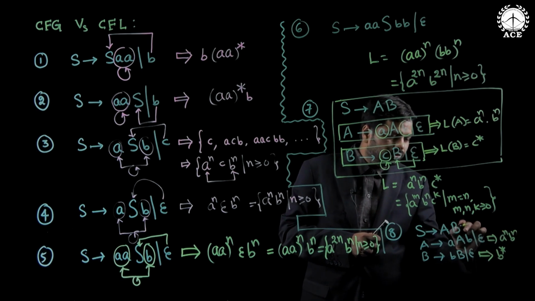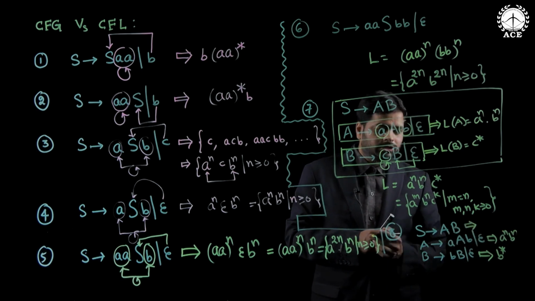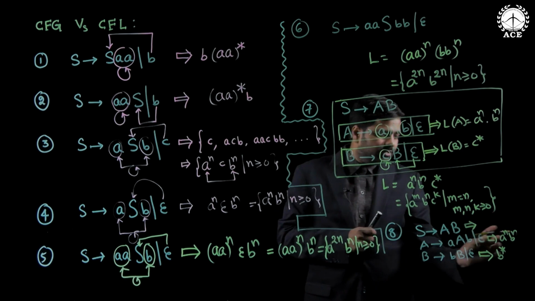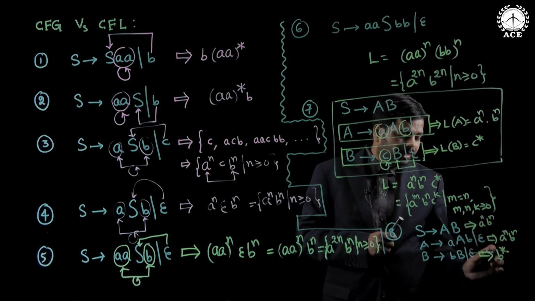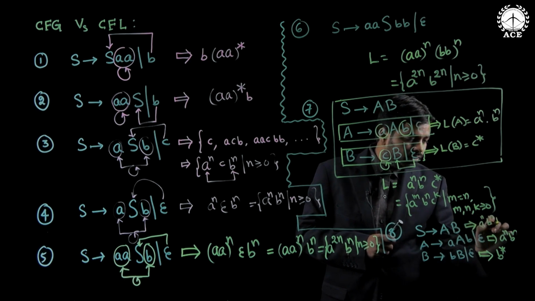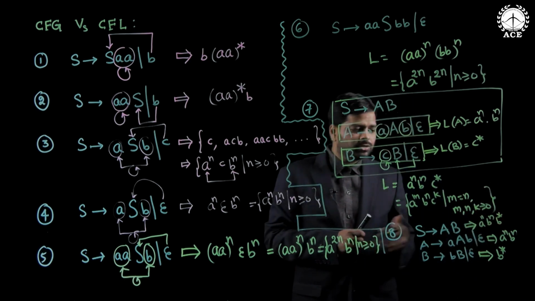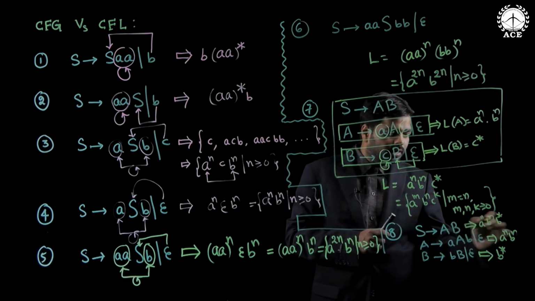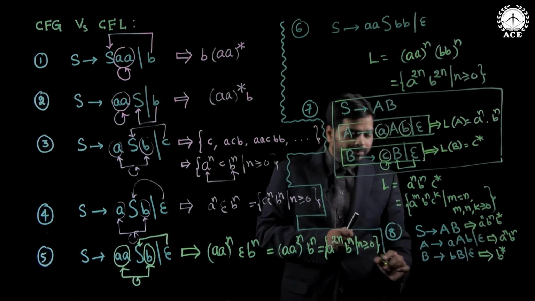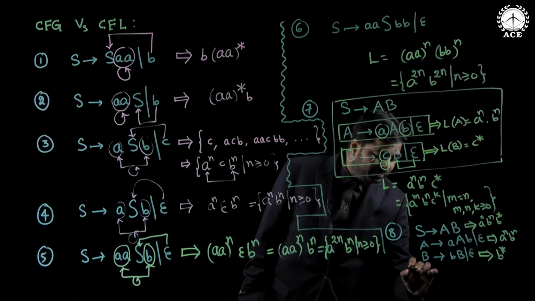Now when you come to the language generated by the grammar, the capital A is a power n, b power n, and capital B is b star. So what do you get here? More b's you can generate when you compare with a's. So what do you write in place of a power n, b power n, b star?